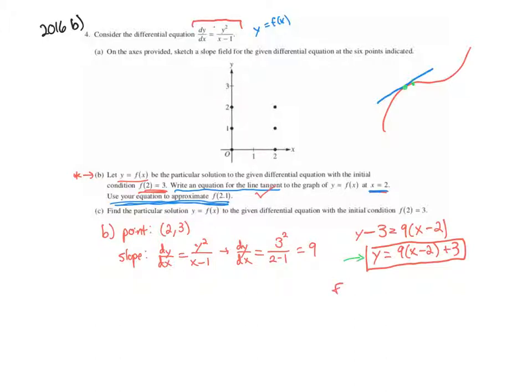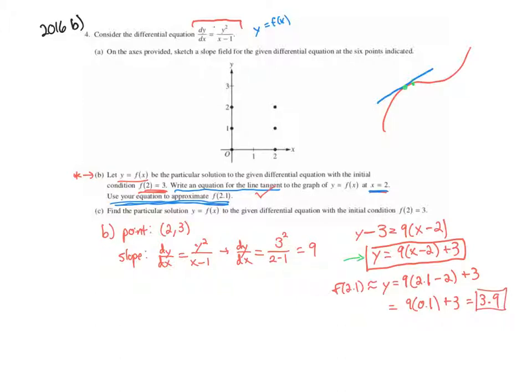So what I would write is f of 2.1 is approximately equal to y equals 9 times, and then I plug 2.1 in for my x. So that would be, let's see, 2.1 minus 2 is 0.1, so that would be 9 times 0.1 plus 3, which is equal to 0.9 plus 3, which is 3.9.